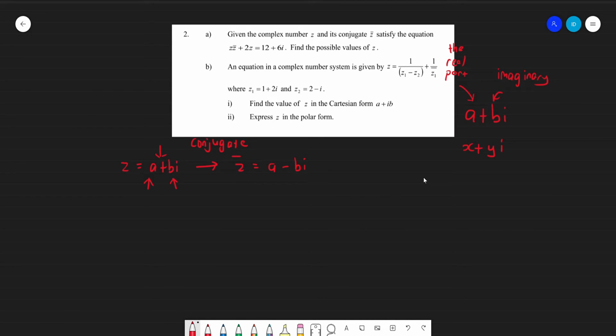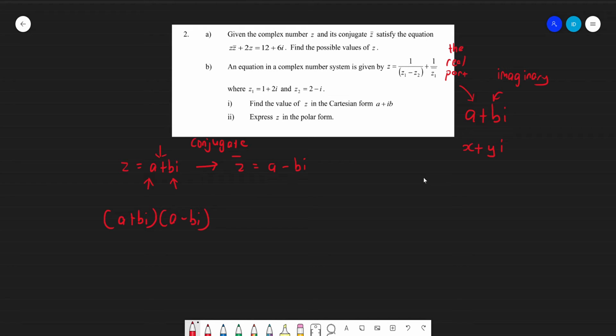So the next part is we are going to substitute the values for z and z bar into the equation that has been given, which is z times z bar plus 2z is equal to 12 plus 6i. Right? So all we have to do is to execute the algebraic rules, where we know that z and z bar are multiplied, so a plus bi multiplied by a minus bi.